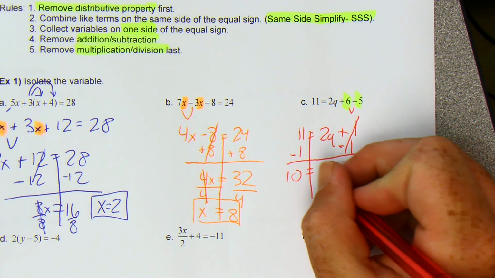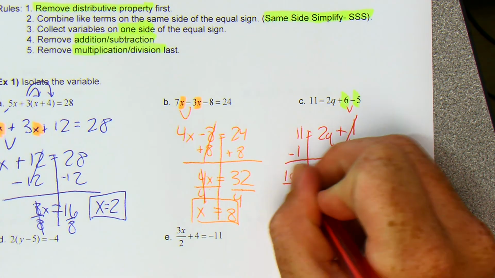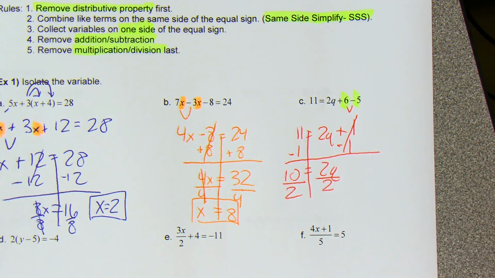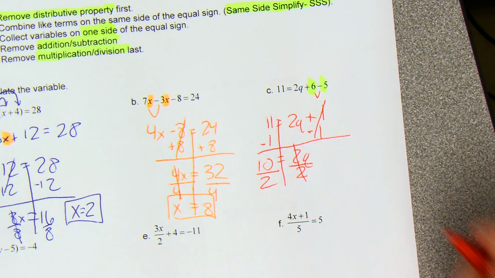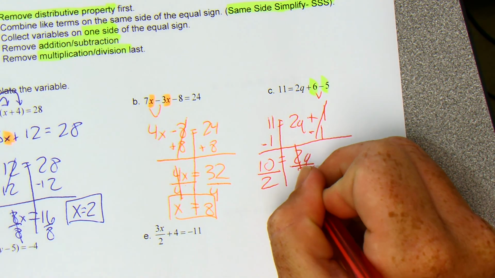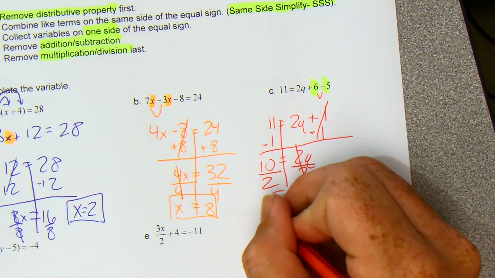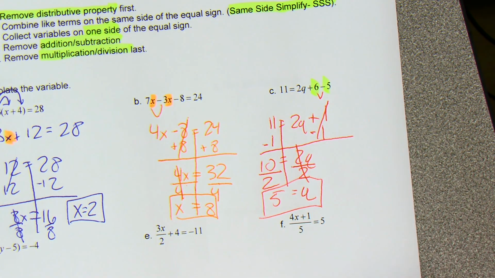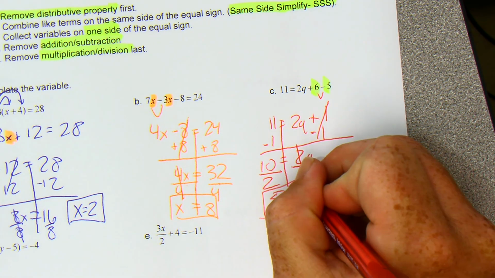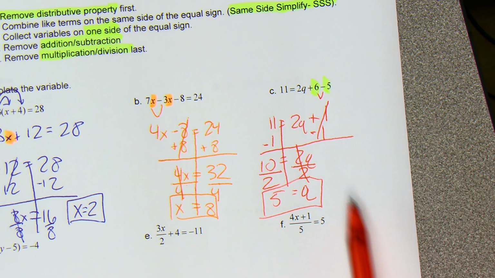So I need to divide both sides of the equation by 2. Okay, so 2 divided by 2 is 1. That cancels out, so I'm just left with q and my equals sign. 10 divided by 2 is 5. So the correct answer to this problem would be q equals 5 or 5 equals q, either way. Sorry, that's a bad q, but this is a q. Okay, so 5 equals q or q equals 5.